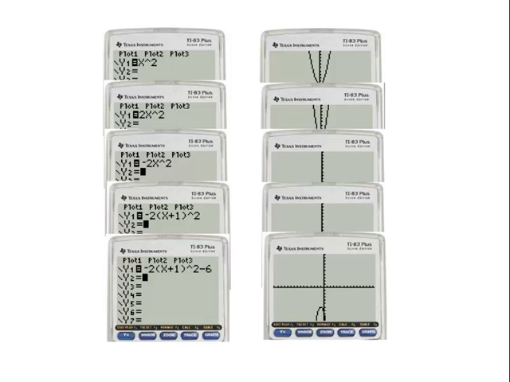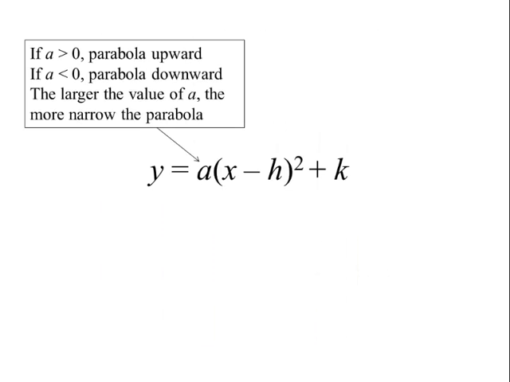So let's summarize. For the values of a, when a is greater than 0, a positive number, the parabola will open upward. When a is less than 0, which means a is negative, the parabola will open downward. The larger the value of a, the more narrow the parabola.